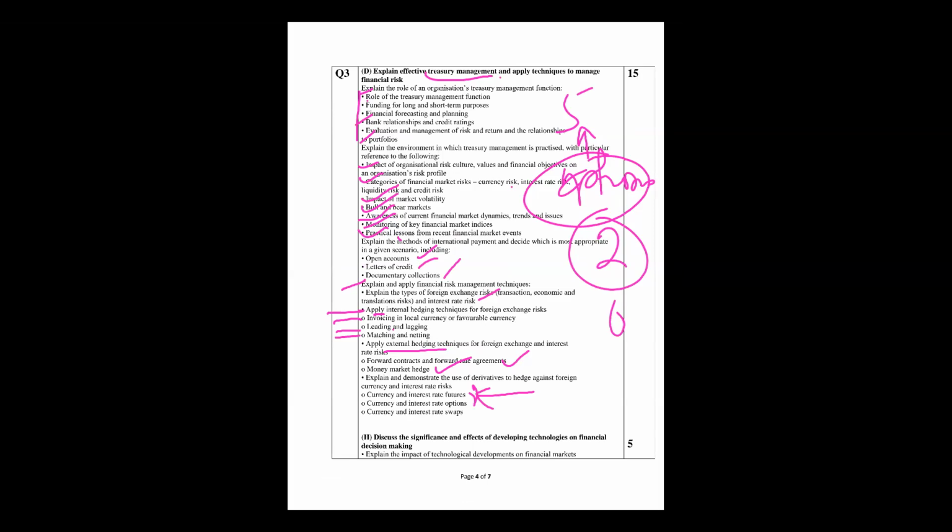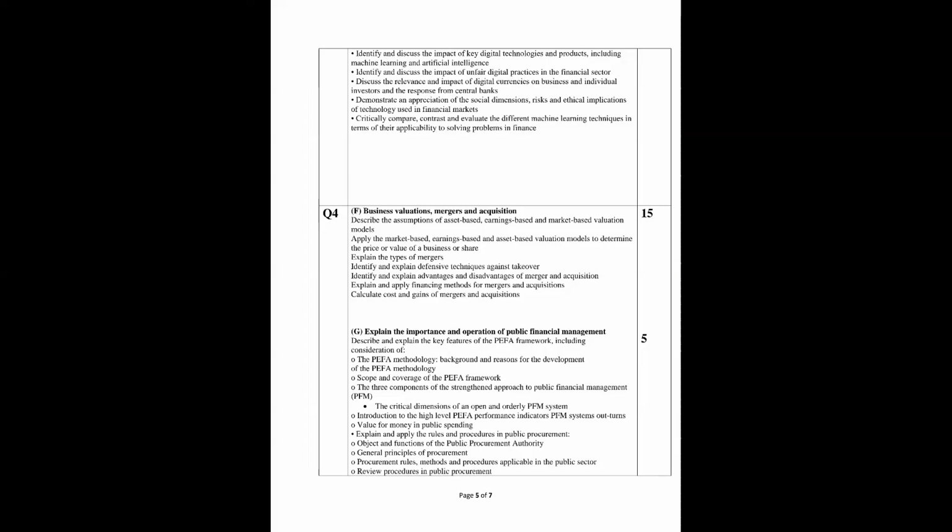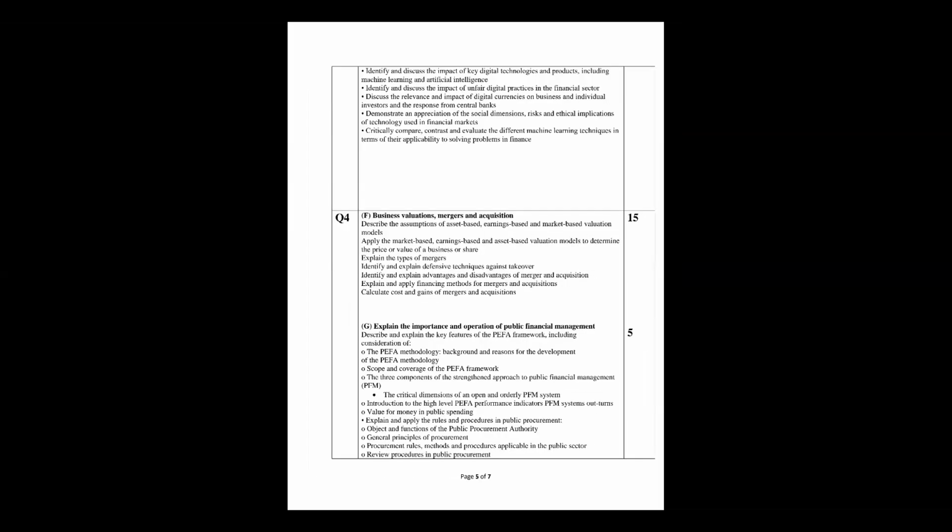Meanwhile, the format is the direction. And if we practice it, we'll be okay. Now, let's go on to this part. Identify and discuss the impact, theory. Identify and discuss. So all these are theories. The calculation part starts from the futures, and those areas are the calculation. All the others are theories.